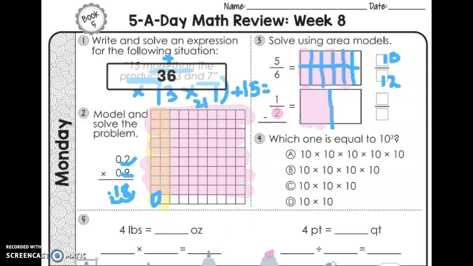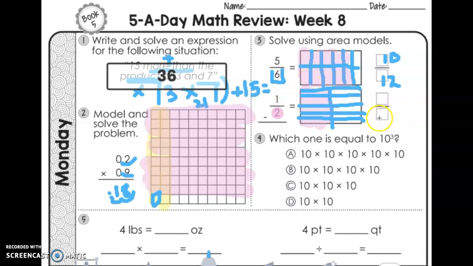And then I'm going to divide the shape the other way into sixths, right? 1, 2, 3, 4, 5. Ooh, that's messy, but let's see. So my new denominator here would also be 12. And my numerator would be 6.